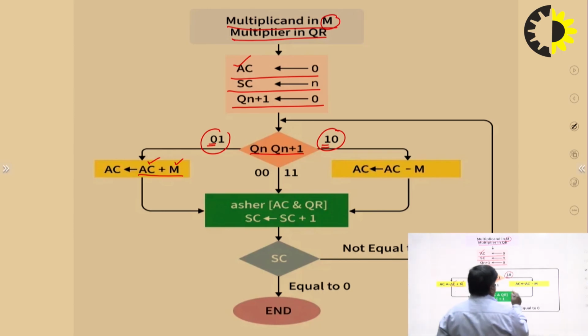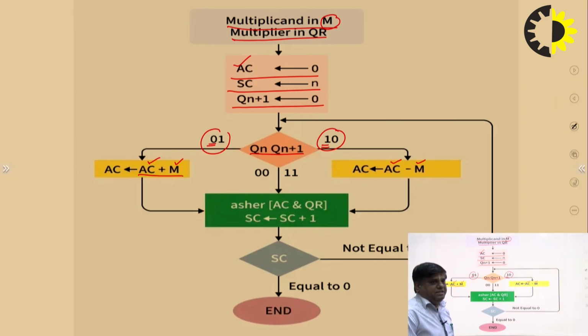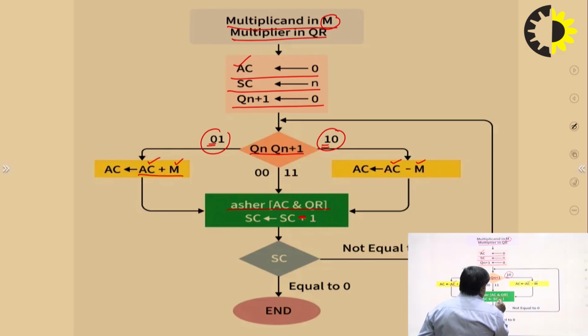If it is 1, 0, then we perform AC minus BR, or AC minus M. After that, we arithmetic shift AC and QR, and SC is equal to SC minus 1, not plus, SC is equal to SC minus 1.